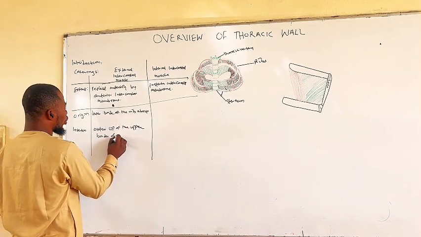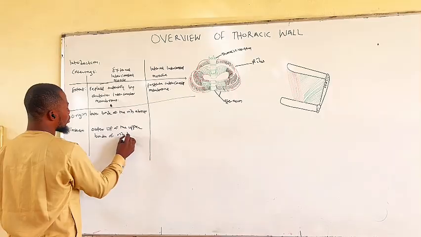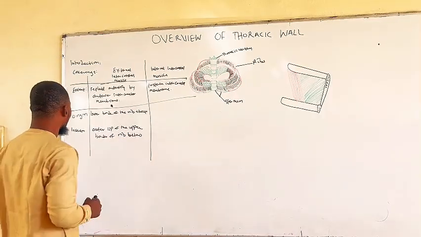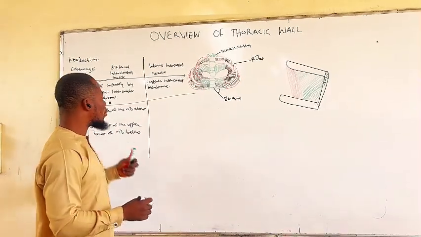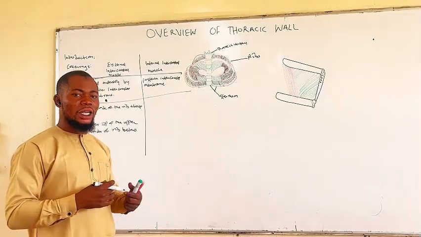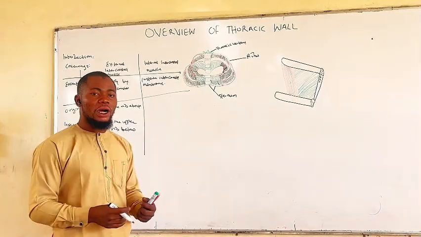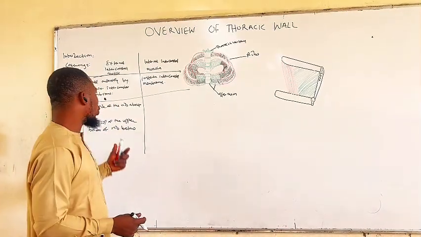That is, it originates from the lower border of the rib above and inserts into the outer lip of the upper border of the rib below.